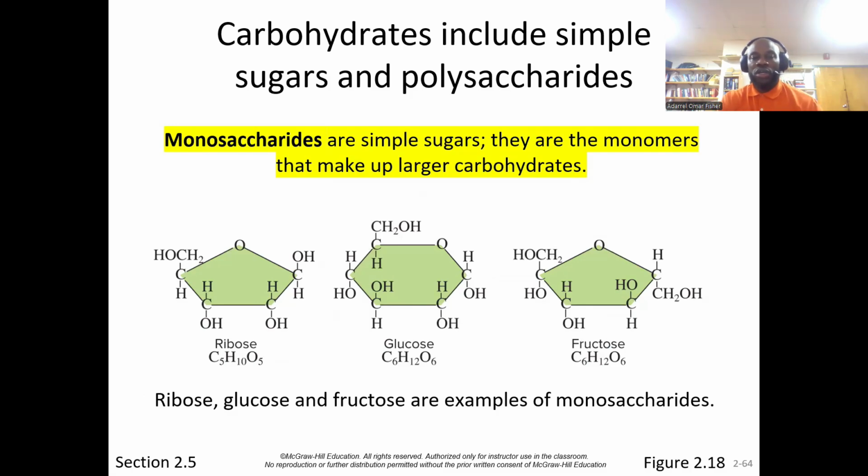So these are three examples of monosaccharides: ribose, glucose, fructose. Notice they have one green hexagon or pentagon. It's just one of those green hexagons or pentagons. That's the mono, the one, right? Simple sugars.